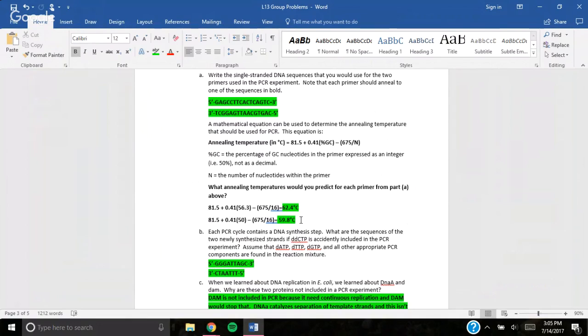Then you subtract 675, divided by N, which is the number of nucleotides, 16. And then we get 62.4 degrees Celsius. For the second primer, you do the exact same thing, except for the percent GC content, we have 50 instead. And so we'd find 59.8 degrees Celsius.